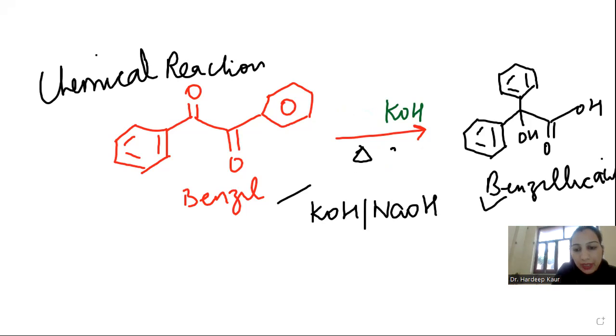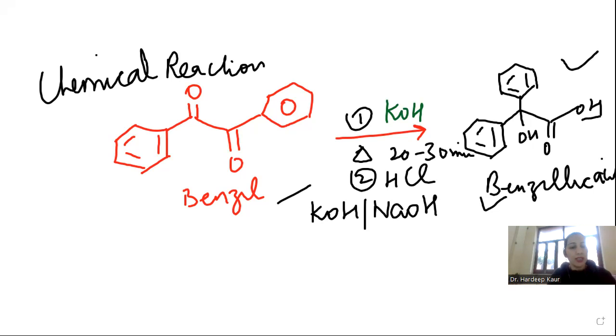Heating is done for 20 to 30 minutes on a water bath, and after 20 to 30 minutes we get this product. When we heat with potassium hydroxide, we get the potassium salt or sodium salt. To get the neutralized acid, we use HCl. So this is the chemical reaction involved in the conversion of Benzil into benzilic acid.